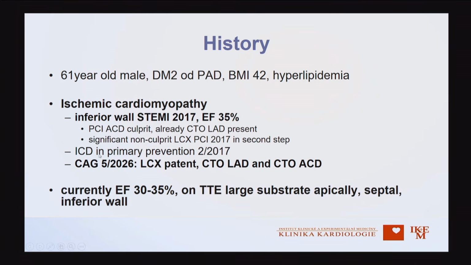Then a significant non-culprit lesion on the circumflex was stented in a second step in 2017. He got an ICD in primary prevention, and then he had a coronary angiogram evaluation this year, where the circumflex is patent, but he had the well-known CTO of the LAD and a new chronic total occlusion of the right coronary artery. Currently, his ejection fraction is 30-35%, and on transthoracic echo he has a large substrate, apical septal, and on the inferior wall.